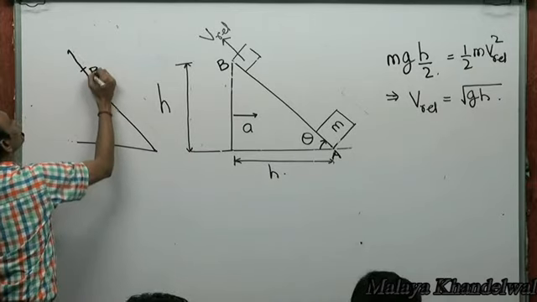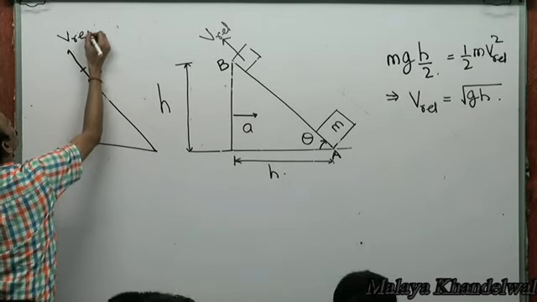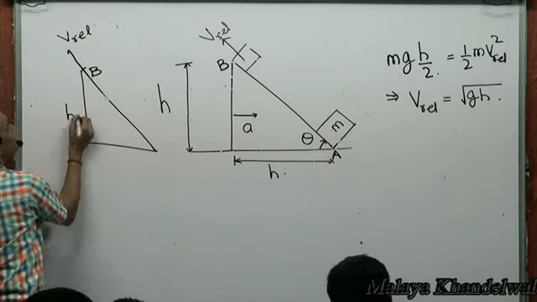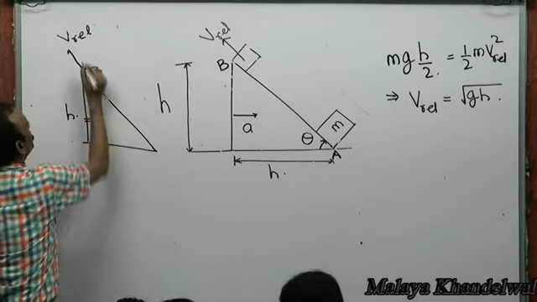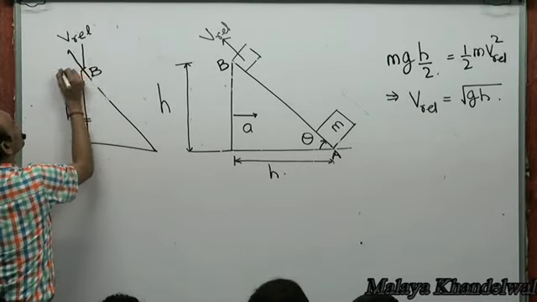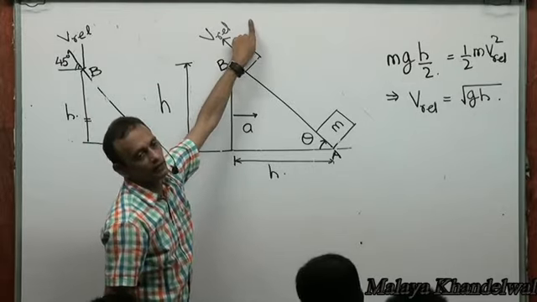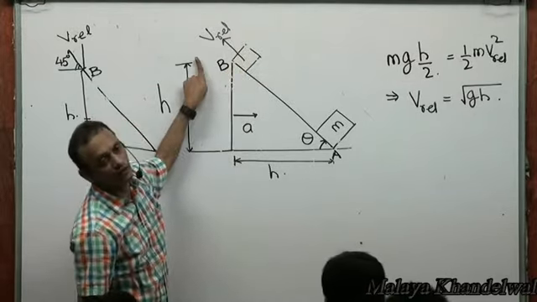At B, this is vrel, at a height h. All of this is 45 degrees. So the relative velocity in the vertical direction is vrel by root 2, and vrel by root 2 horizontal.